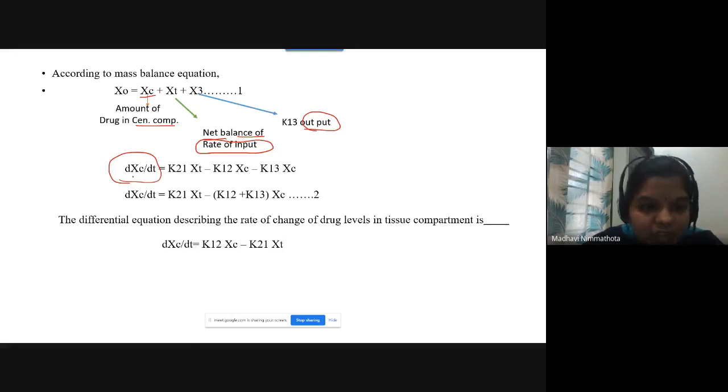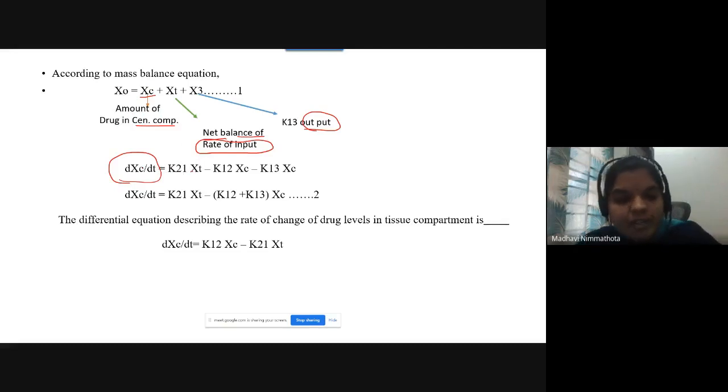That is nothing but dXC by dt, the rate of drug amount change in the central compartment. That is nothing but dXC by dt, right? That equals XC, which means what? Amount of drug in the central compartment.